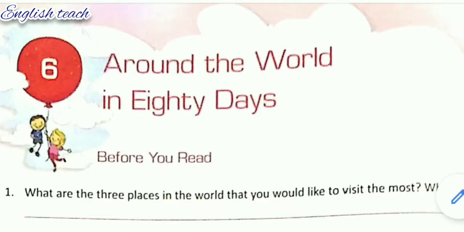Before that, I want to introduce the author of this story. Jules Gabriel Verne is the writer of this story. He lived from 1828 to 1905. He was a French novelist, poet and playwright.